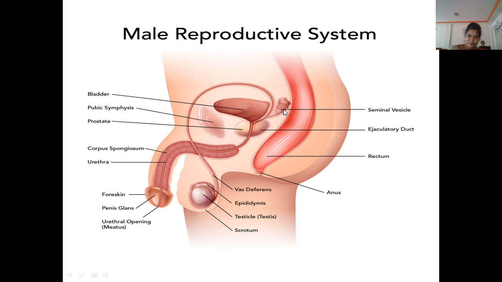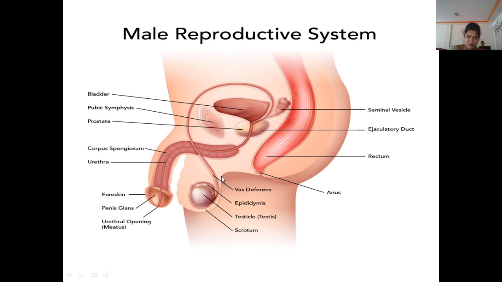With the help of the vas deferens, the testis is connected. The testes are situated in the scrotal sacs on either side, covered by the epididymis, and through the vas deferens they are connected to the seminal vesicles. This is a scrotal sac.